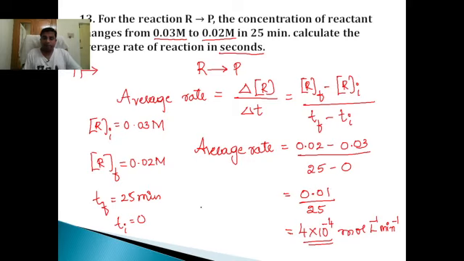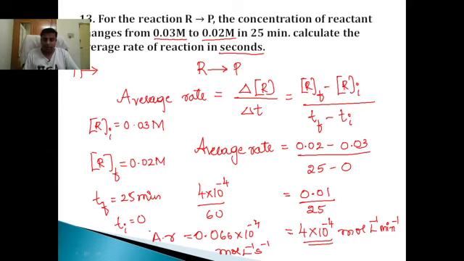So if you divide 4 into 10 to the power of minus 4 by 60, you will be getting 0.066 into 10 to the power of minus 4 mole per liter per second. So this is the average rate of the reaction.